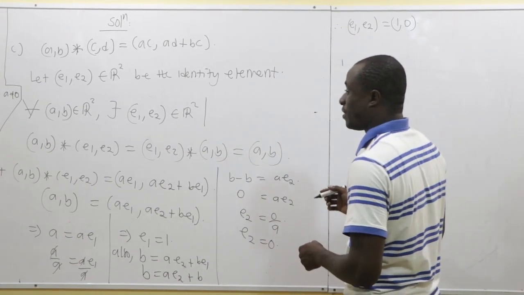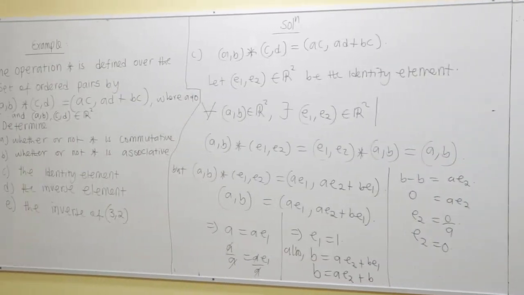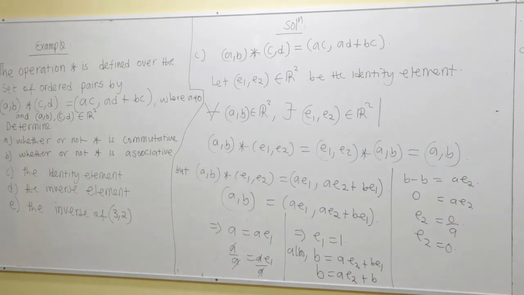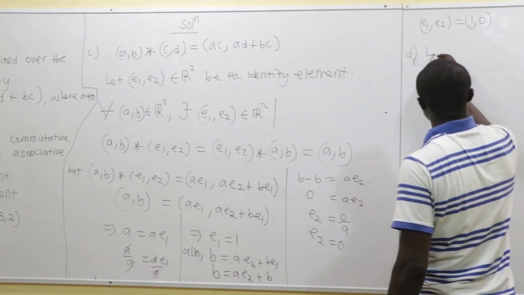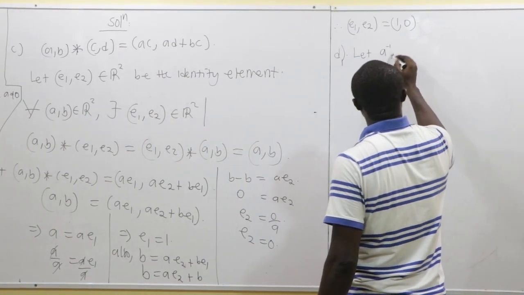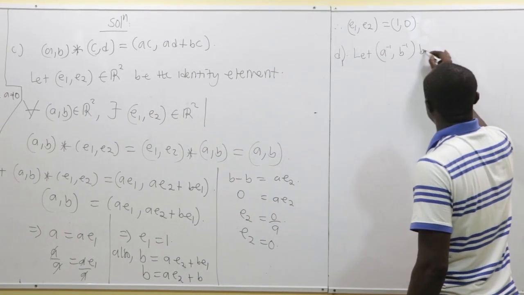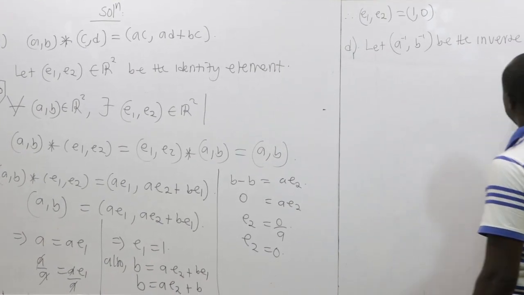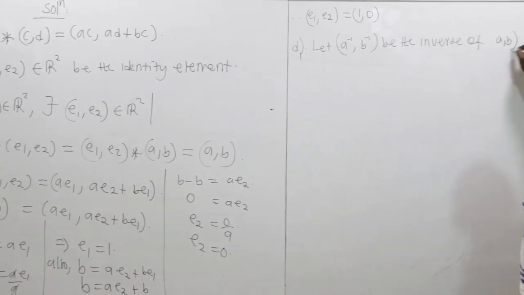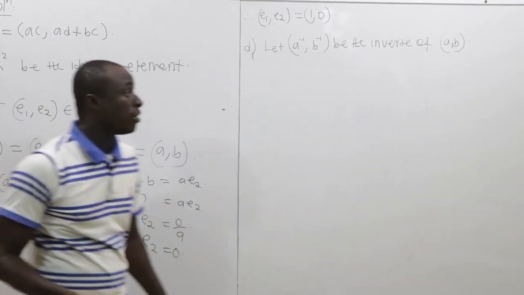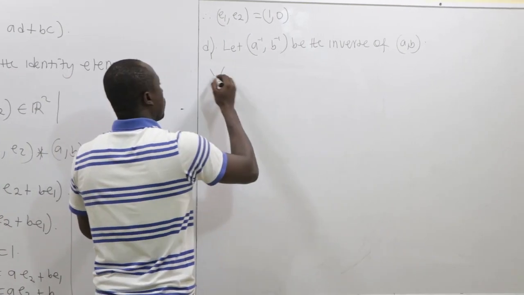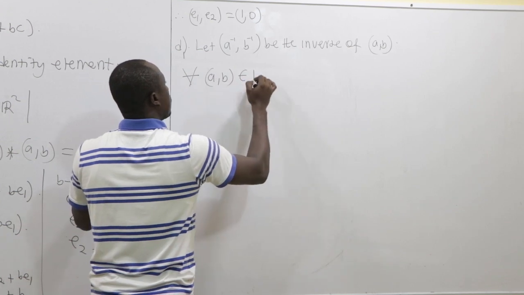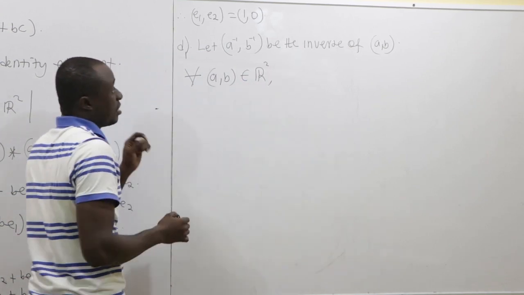Now the fourth one says we should find the inverse. So let the inverse of (A, B) be (A inverse, B inverse). What is the definition of the inverse? For all (A, B) a member of R square, the inverse is unique.